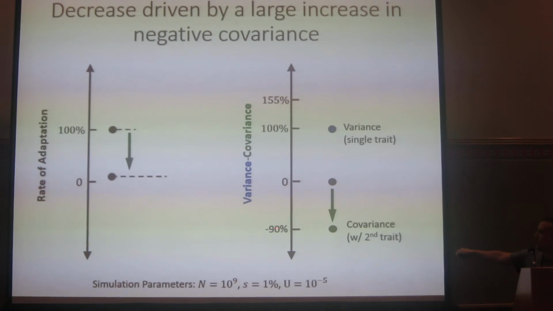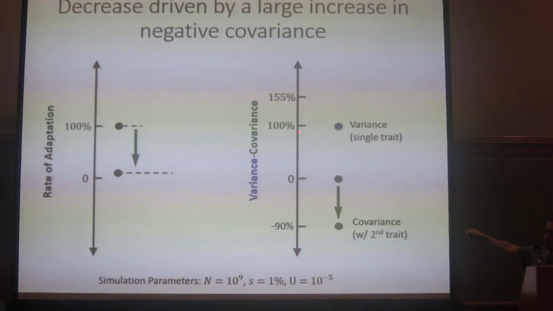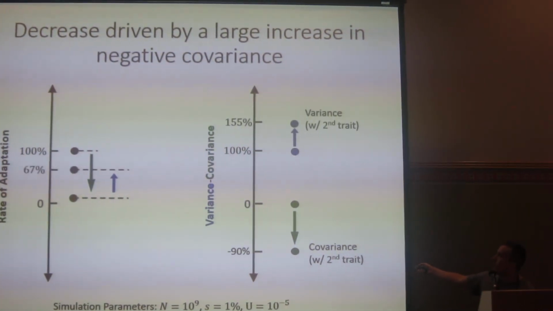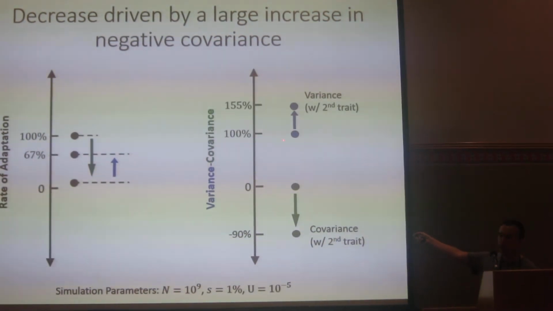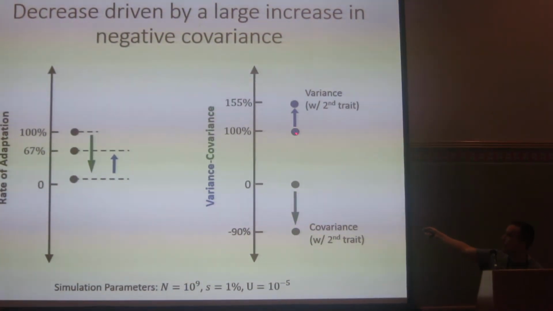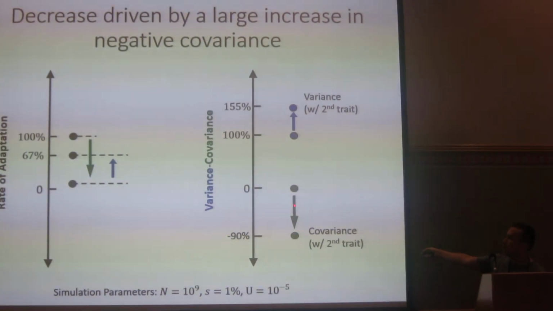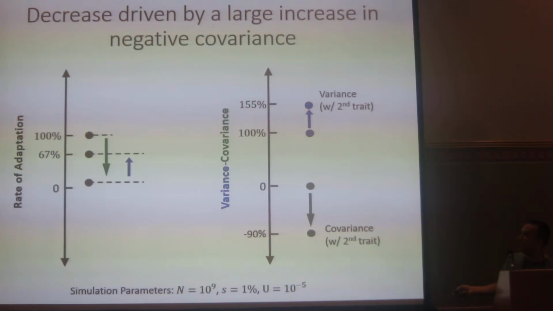It's negative, but it's basically 90% of the magnitude of the original variance. So it's a substantial decrease. You also have the variance in the first trait, which increases by a smaller amount. It's still substantial, but not as much as the covariance term. So really what's driving this reduction is the negative covariance.